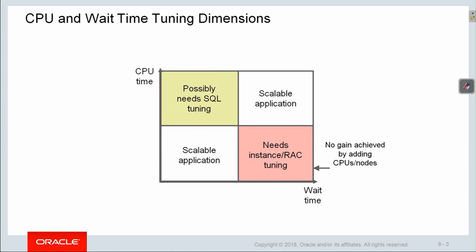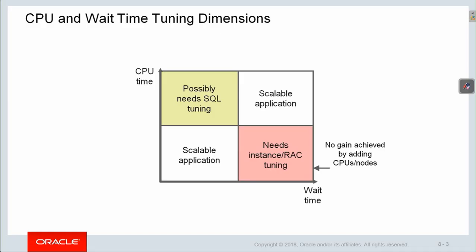But again, this is a rule of thumb, and there are more factors that we have to check. And if a large percentage of your database activity is wait time, then possibly you will have to look at the configuration of your database and your system to find tuning opportunities.